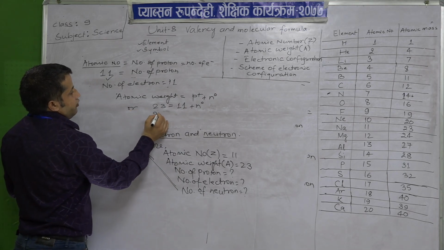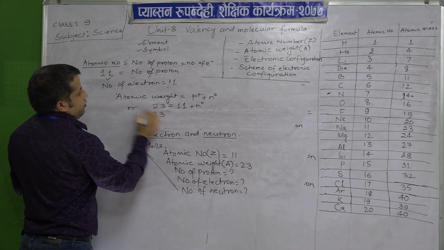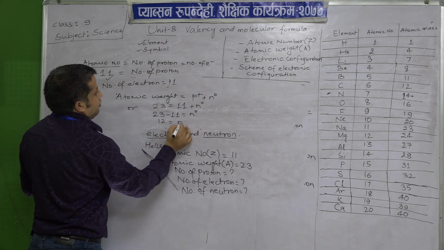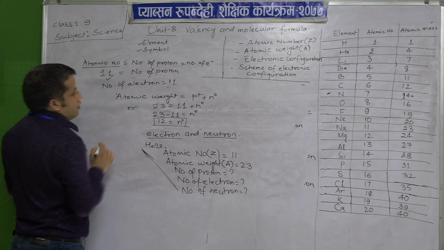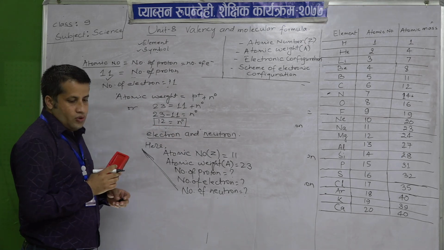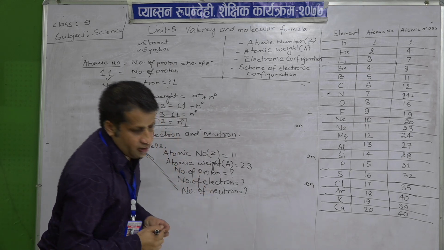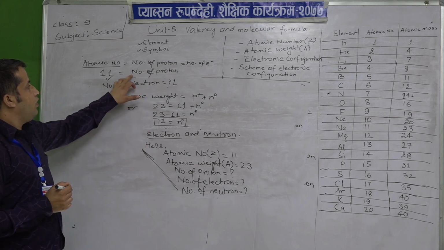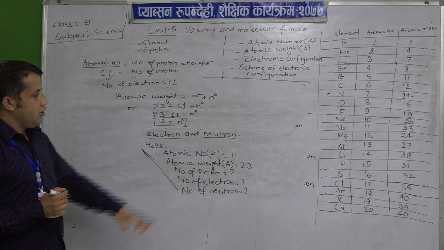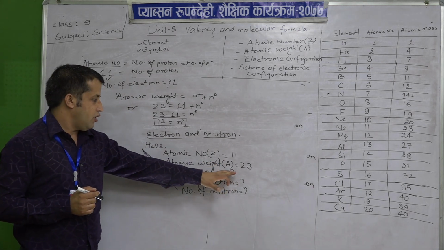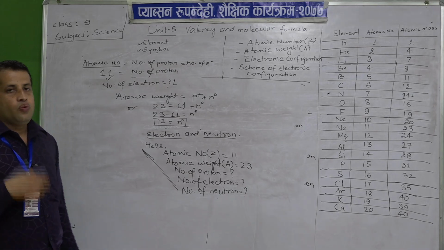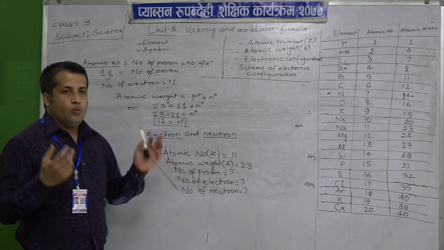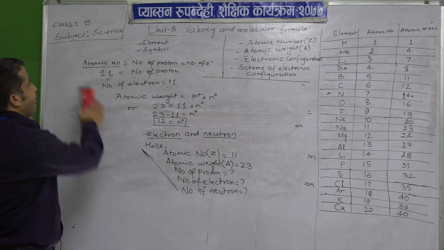So if you solve this, what will we get? 12. Okay. Neutron is 12. How much neutron is found? That is 12 neutron is found in case of sodium. Okay. So neutron 12, proton 11. It constitutes together the number 23, atomic weight 23. So in this way we can calculate the number of proton, electron and neutron if you know the atomic weight and the atomic number. Okay.